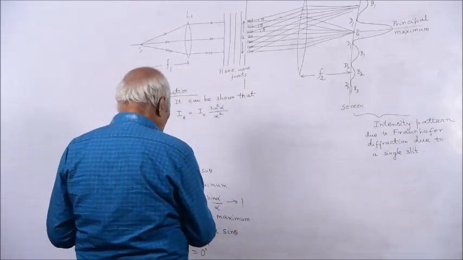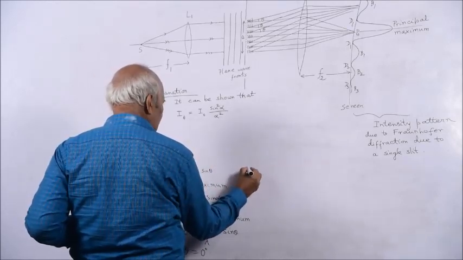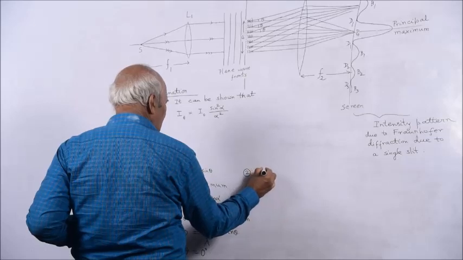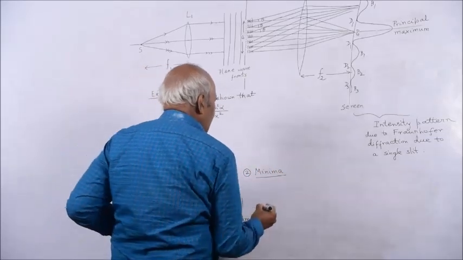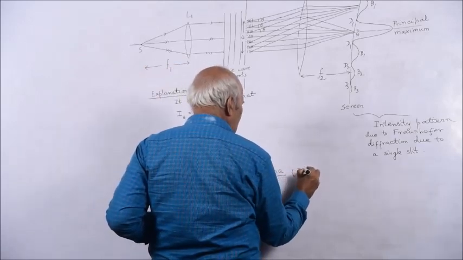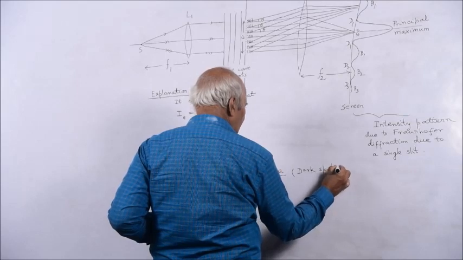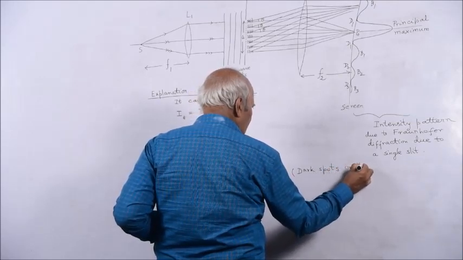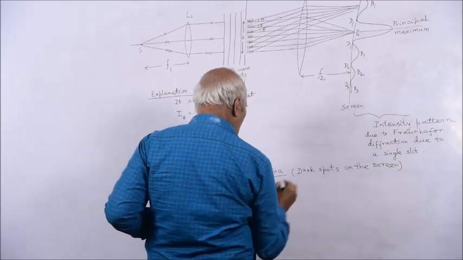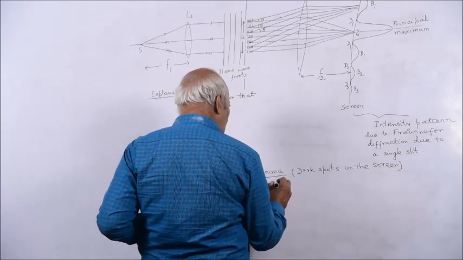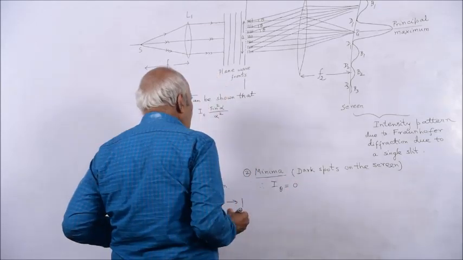So we come to the second one, the minima. Minima means dark spots on the screen. So there I theta is equal to 0. So I theta must be 0.